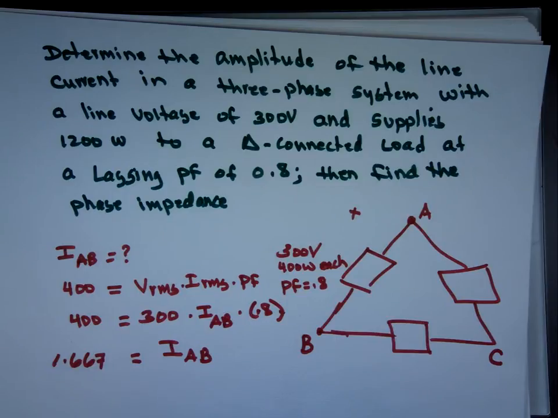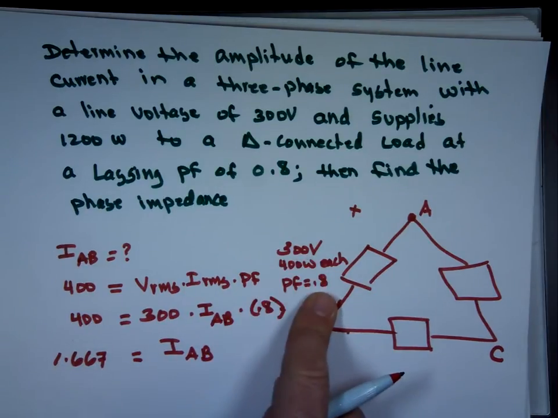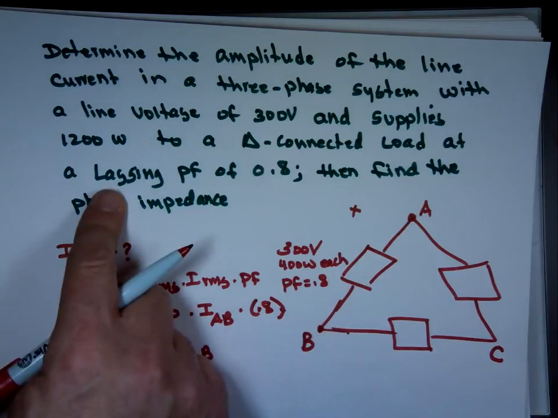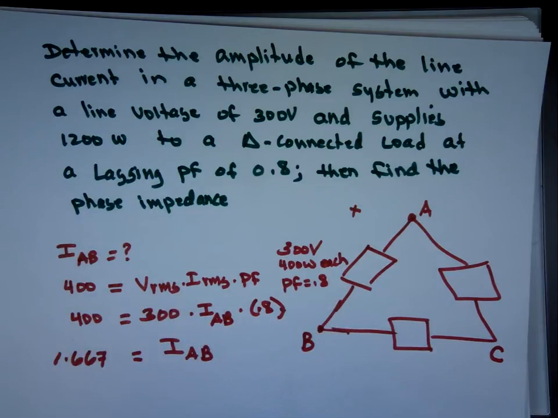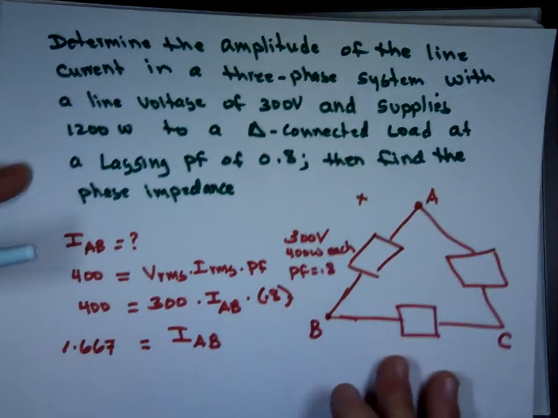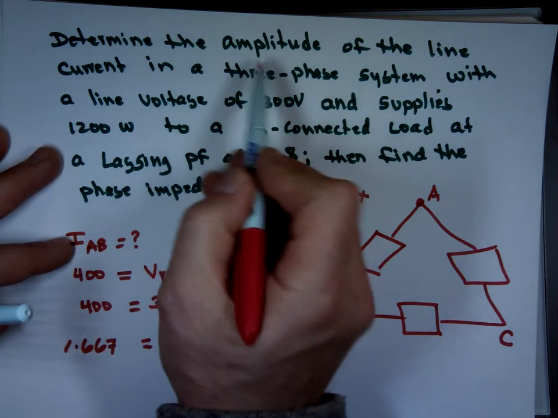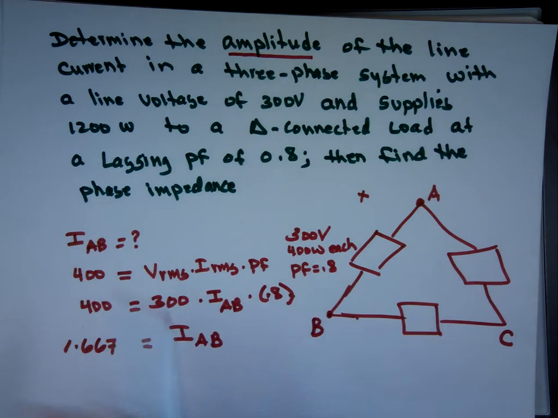I can give the angle, by the way. If theta V has an angle of 0, we know the power factor is lagging, so theta V minus theta I will be a positive value. But the question is find the amplitude, so they don't care about the angle. They want the value of the line current.